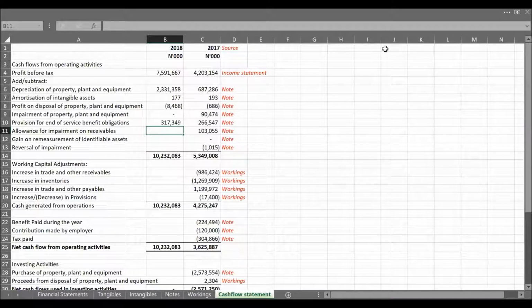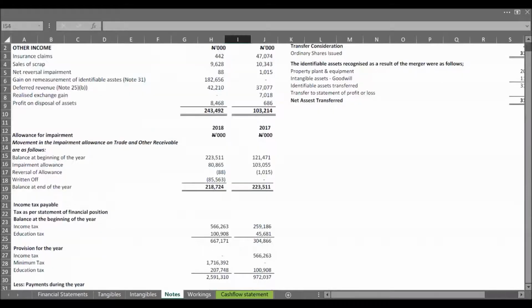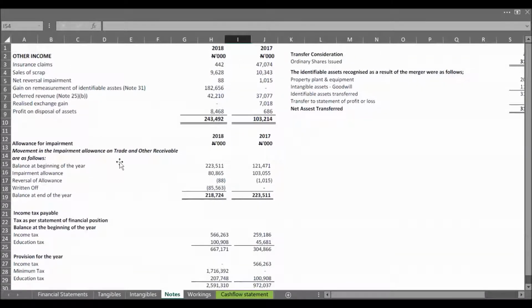So the next thing to update is the allowance for impairment on receivables. We can find this information in the notes to the accounts. There we have allowance on trade and other receivables. We have two sections: the allowance for impairment, which was initially deducted, and the reversal of allowance, which was initially added.